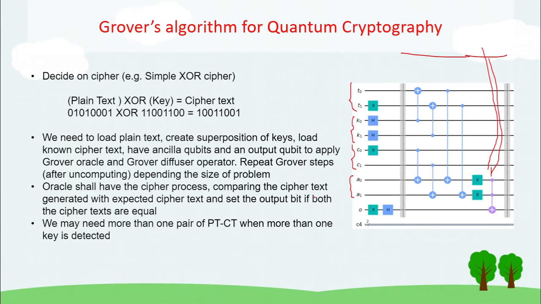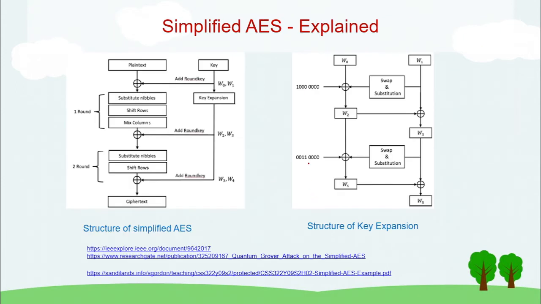Now we'll move on to simplified AES, because XOR is very easy to implement. Let us take one example with things which are very hard to implement.